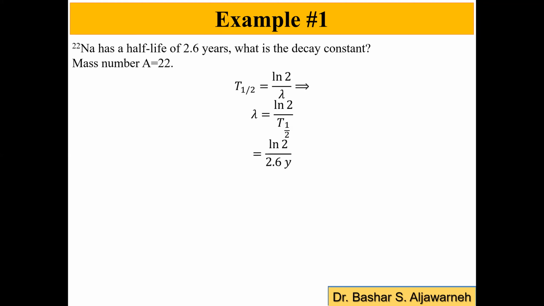But if I'm looking to calculate lambda in minutes, seconds or days, you have to convert this time from years into seconds, days, or minutes. Sorry, this one should be lambda instead of T 1/2, it's a typo. So lambda is in units of 1/seconds.